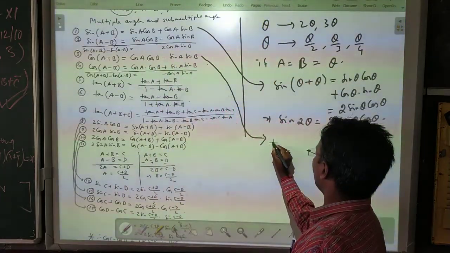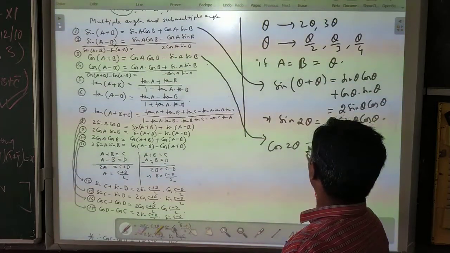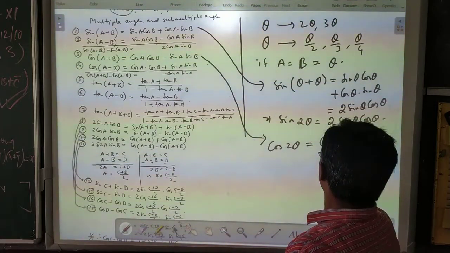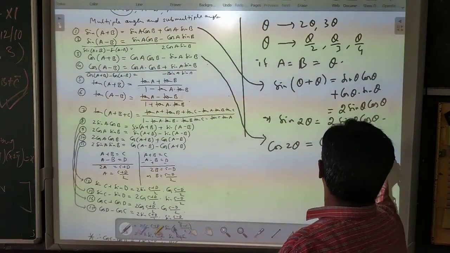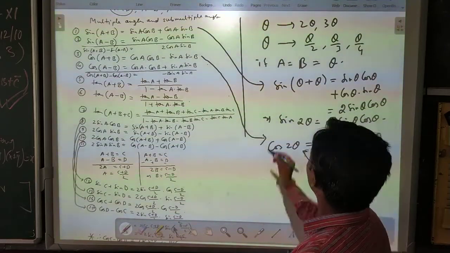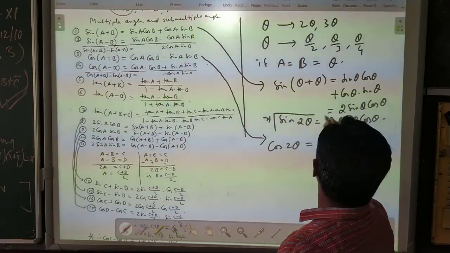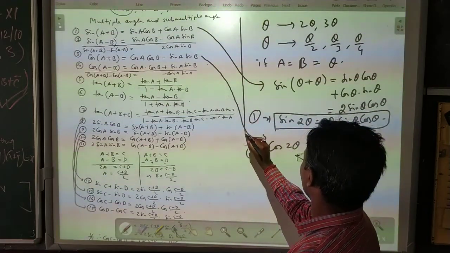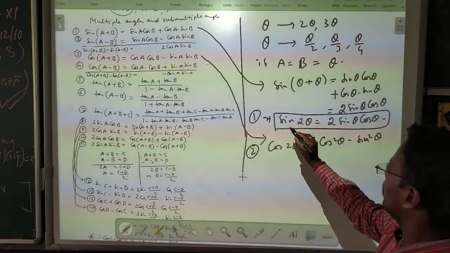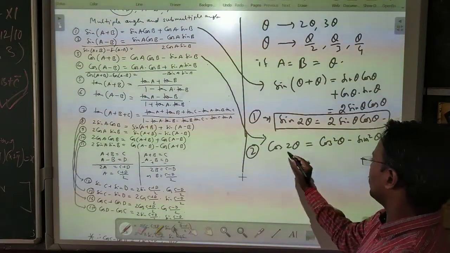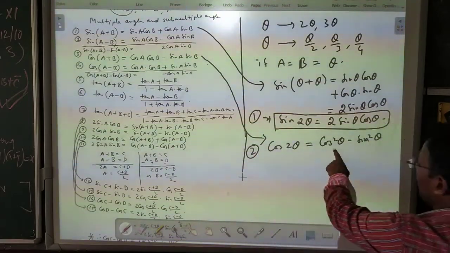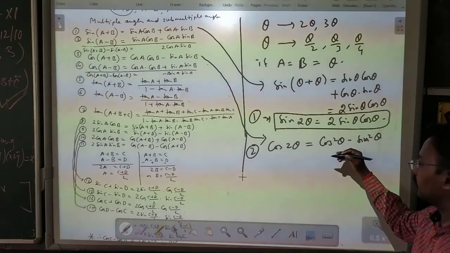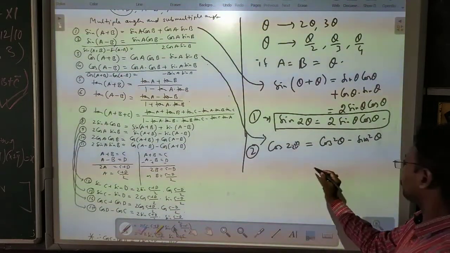So the formula of cos 2 theta is cos square theta minus sin square theta. In multiple angles, you can take this as formula number 1 and this can be taken as formula number 2. Not only this, we can get some more formulas from cos 2 theta.